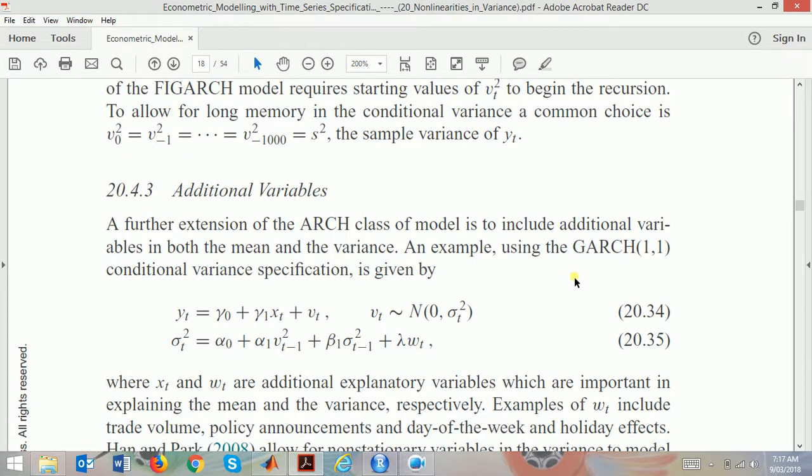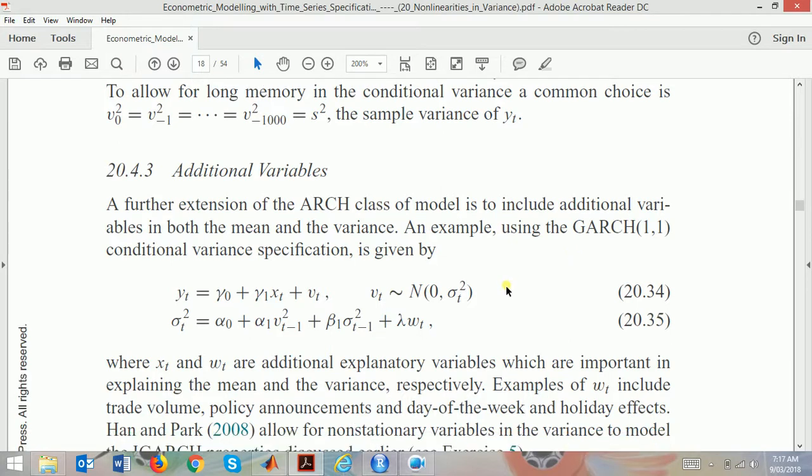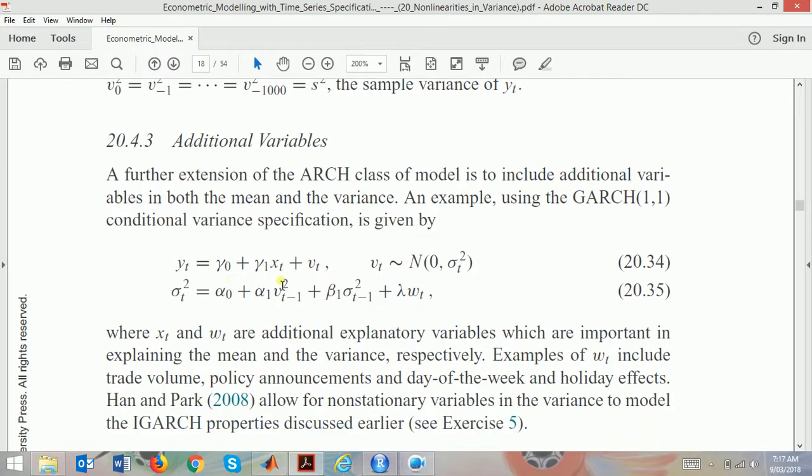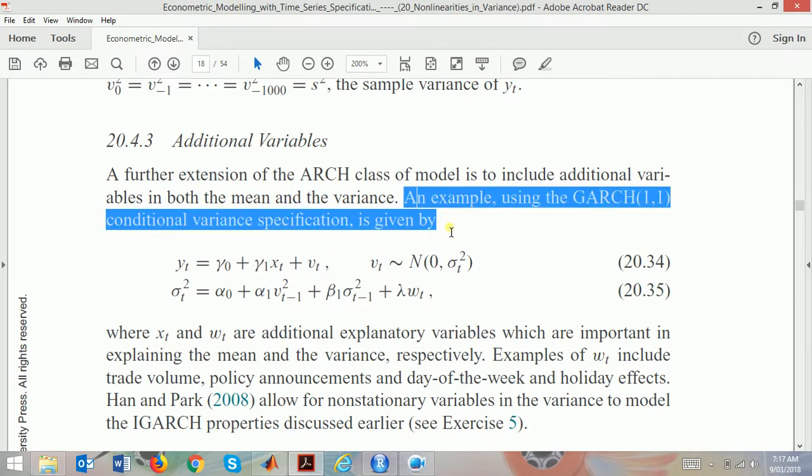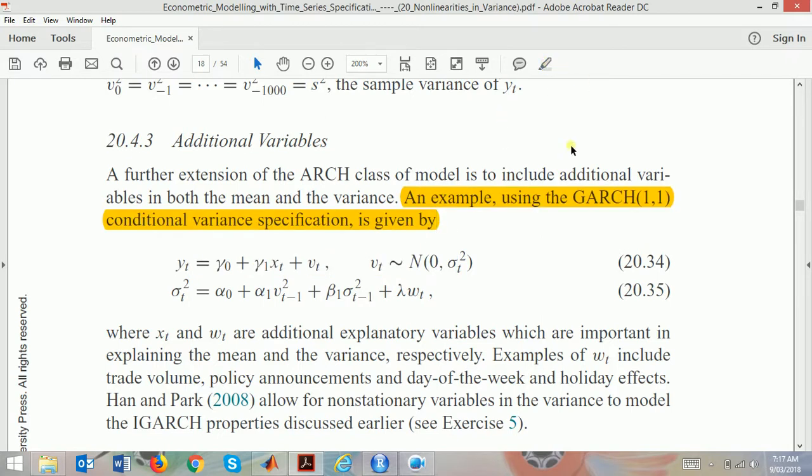An example using the GARCH 1 conditional variance specification is y equals gamma naught plus gamma 1 xt plus vt, with zero mean and sigma squared variance, very important. It is a GARCH 1 specification indeed, where sigma squared is the GARCH parameter.